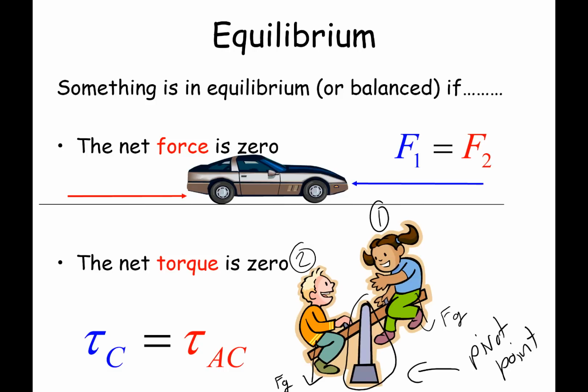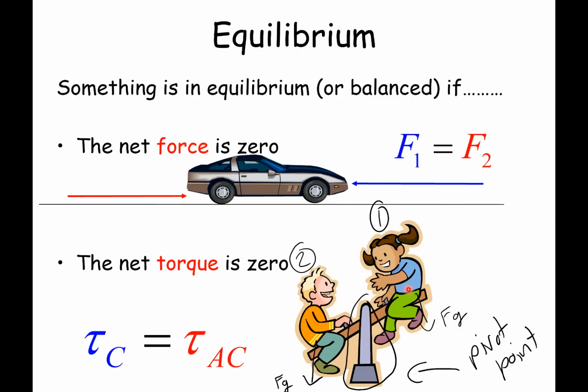Now, both of them are perpendicular to the force, so we don't have to worry about sine or cosine or anything. Let's think about how it's rotating. If this whole entire seesaw could sit there and spin, which way is child 2 rotating? Anti-clockwise. Very good.